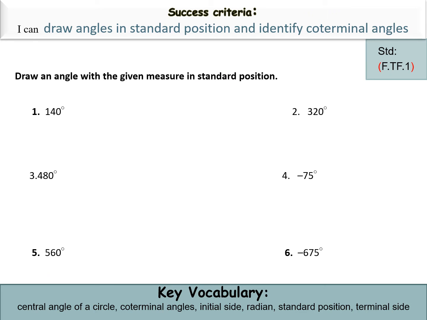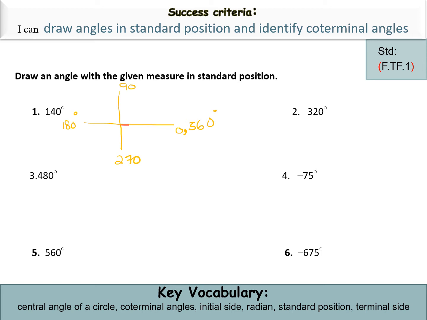Let's try to draw it. First, what is important to understand is that we have here 0 degree, 90 degrees, here 180 degrees, and of course here 270, and when we come back to the original position we have 360 degrees. Now they ask us to make 140 degrees.